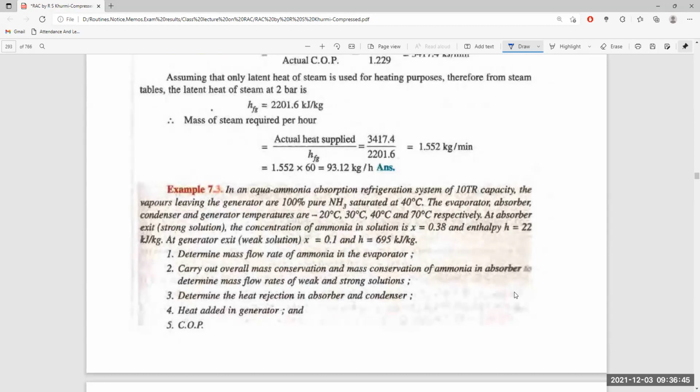At the generator exit, the solution is X equal to 0.1, and H equal to 695 kJ per kg. Determine the mass flow rate of the ammonia, carry out the overall mass conservation and mass conservation of ammonia in the absorber, determine the mass flow rate of weak and strong solution, determine the heat rejection in absorber and condenser, heat added to the generator, and COP.